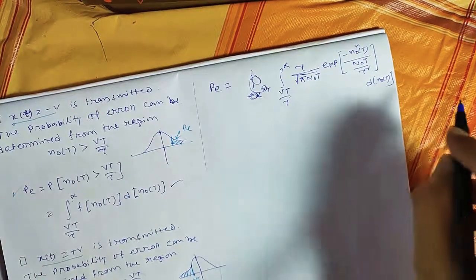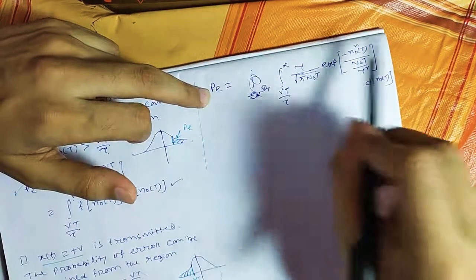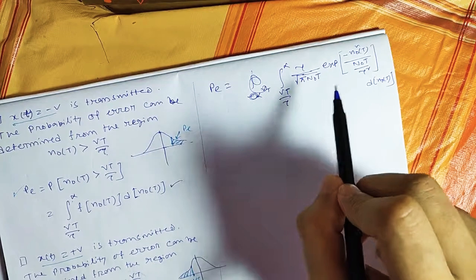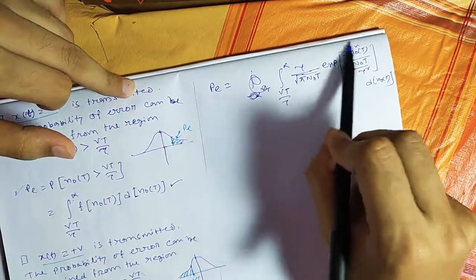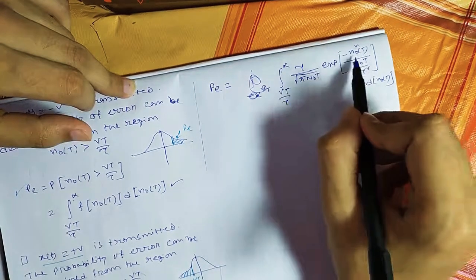So you replace this part. Now see, we cannot determine this integration directly, rather we will use the standard form. So we'll consider this power as y square.